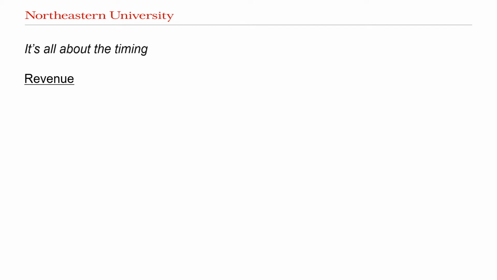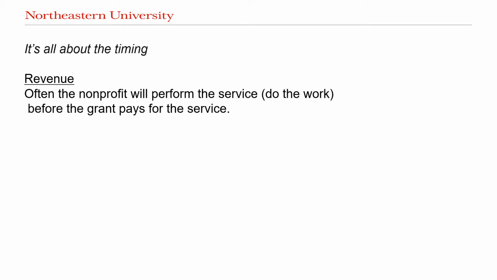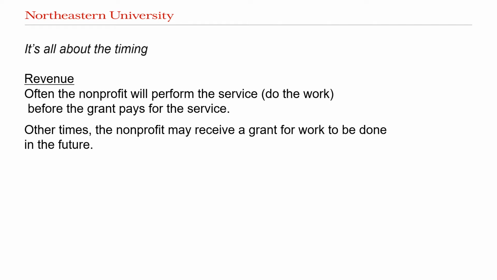Let's start with revenue. Very often a nonprofit is going to perform the service, it's going to do the work, and then later the grant is going to pay for that service. Other times the nonprofit's going to receive a grant, but the work is to be done over the subsequent months or at some future time.